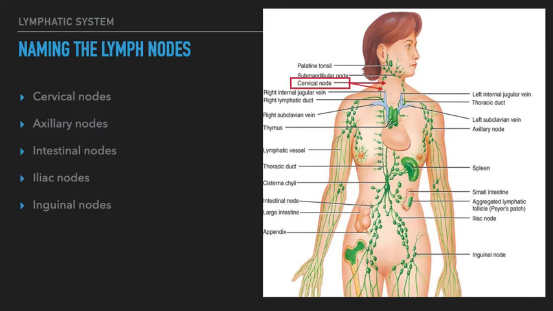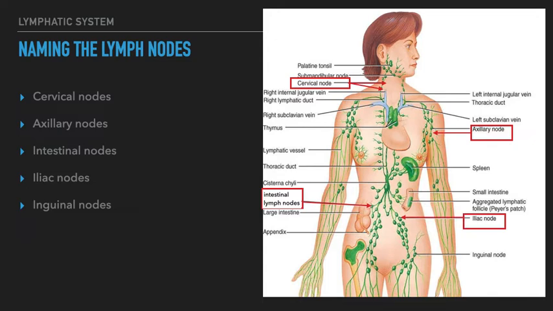So here you can see the cervical lymph nodes located near the head and neck. Here are the axillary lymph nodes in the axillary region or armpit area. Here are the intestinal lymph nodes. I want you to note in this image they are drawn by an intestine, the large intestine in this case. You also have the iliac lymph nodes.